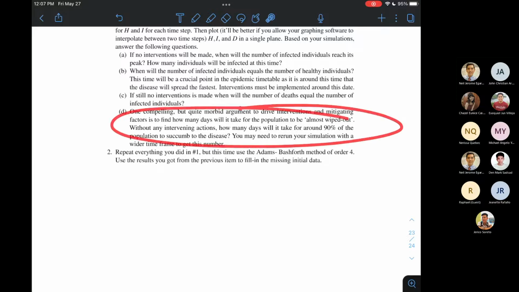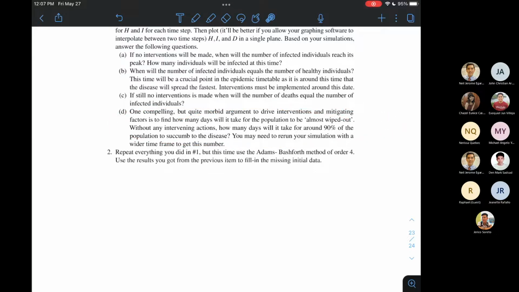Tapos a grim scenario is, halimbawa ikaw yung policymaker, kailangan mong takutin yung mga, or ikaw yung modeler, kailangan mong takutin yung mga policymakers. So gusto mong sabihin sa kanila, in this number of days, 90% na ng population ay mamamatay na. So that would be our deadliest deadline. Actually, medyo late na nga ito to give intervening actions. So, no?